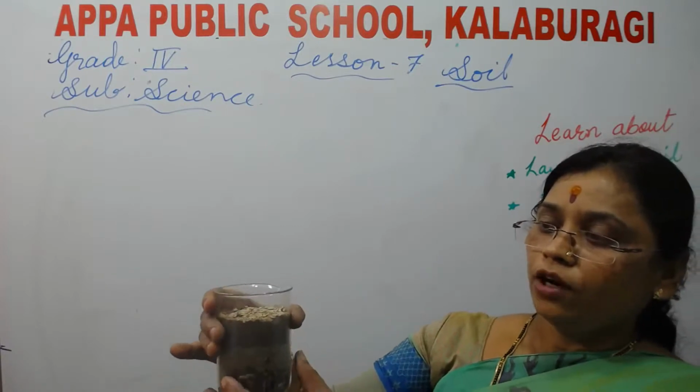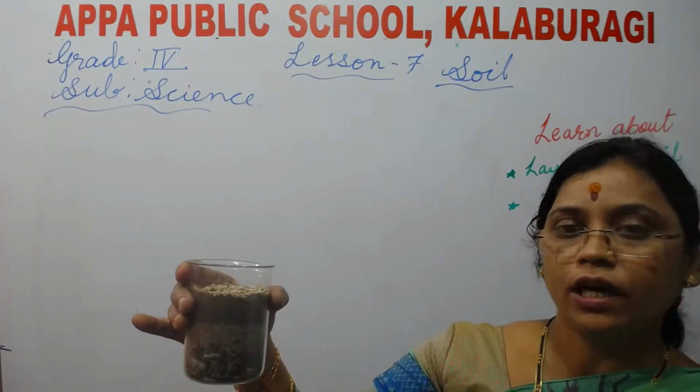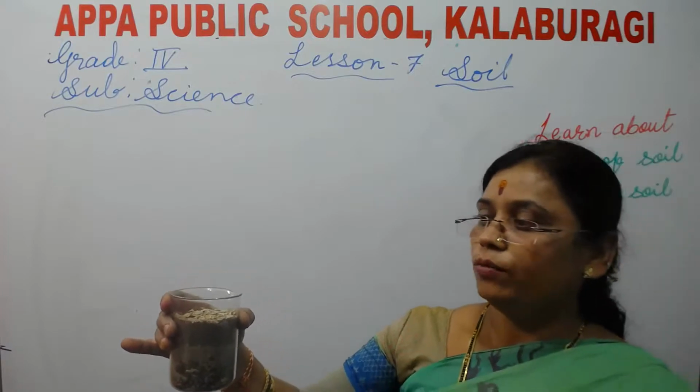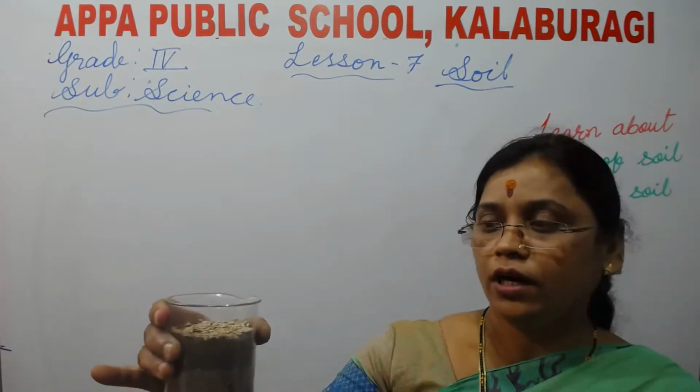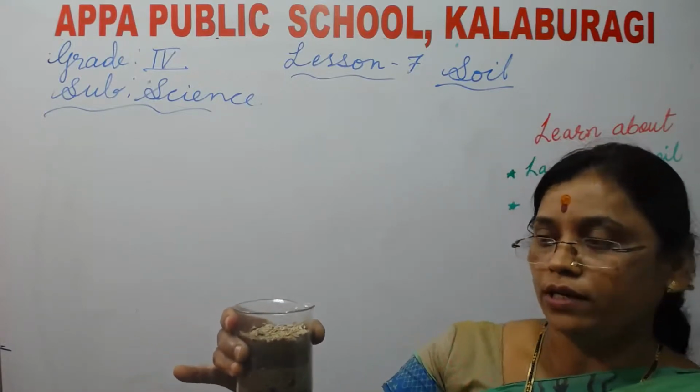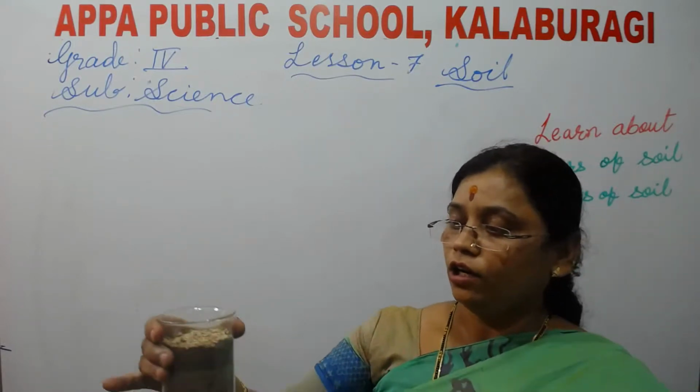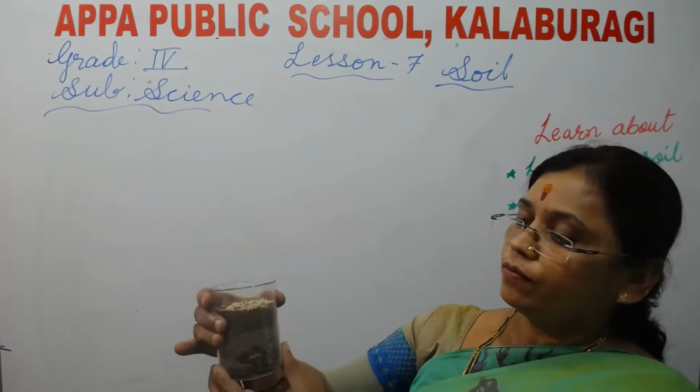On the top we can see the humus. Humus is very rich in nutrients. It helps for the growth of plants, and this is the small activity to show the different layers of soil.